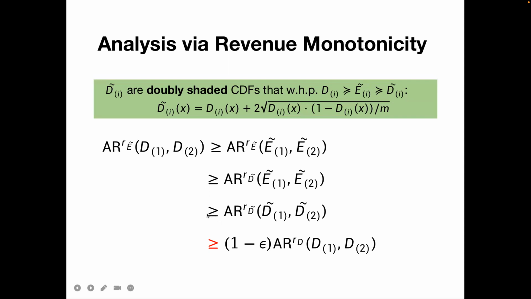The third inequality again uses revenue monotonicity, I mean the fact that the shaded empirical distribution dominates the doubly shaded CDF. And the only remaining step is to show that even the revenue from the doubly shaded CDF is close enough to the actual revenue.